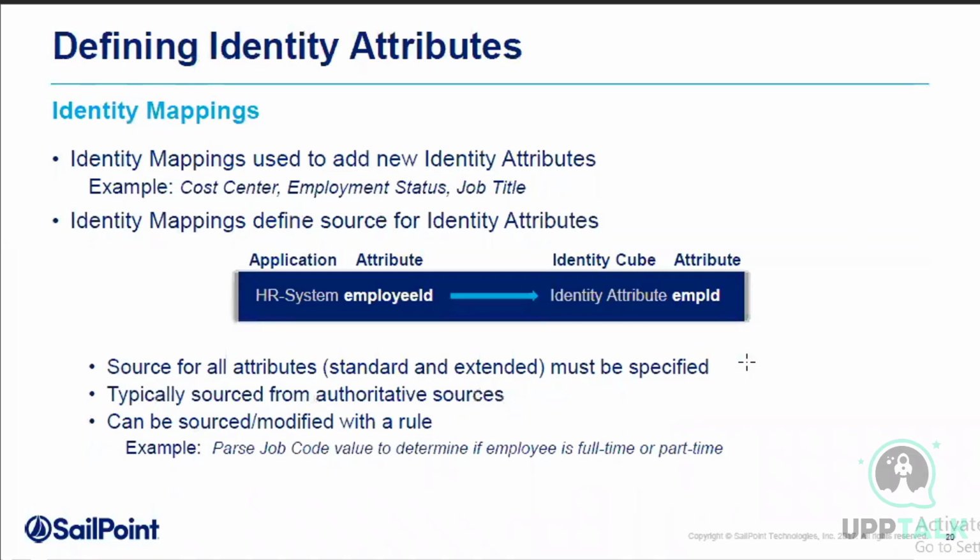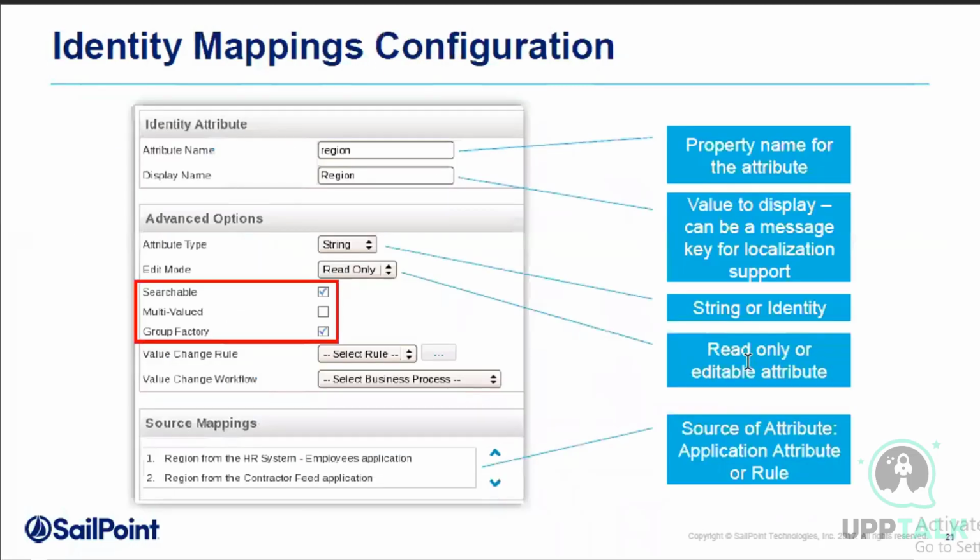You can see here the identity mappings: employee ID with employee ID, first name with first name, last name with last name, email address with email ID. Whatever values you want to map, you need to tell SailPoint which attribute value needs to be stored under which attribute.